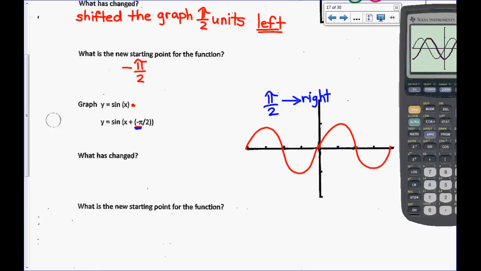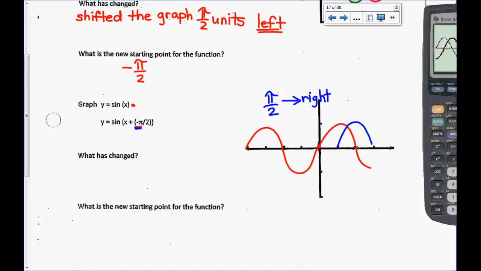So now it's going to be, oops, I didn't draw that very well. Okay, so again, what has changed?